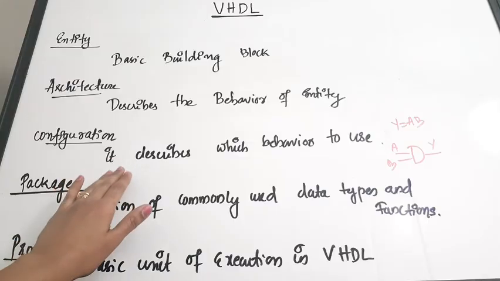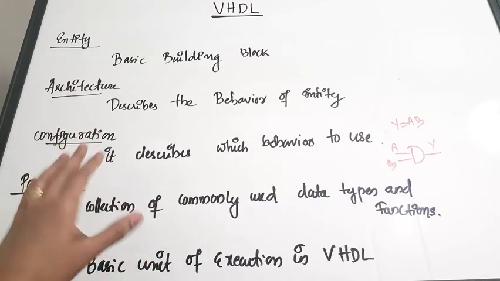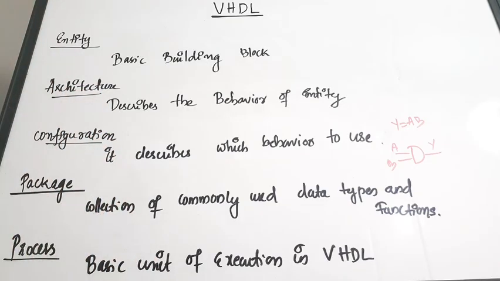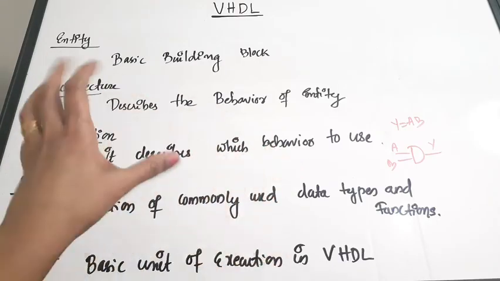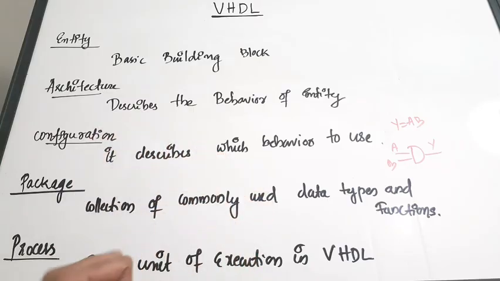So in the configuration, we are saying which behavior to use for that particular entity. It can be thought of as a parts list for a design. Parts list means it describes that for this particular part, this architecture or this behavior is used. Likewise, it describes for which part, which behavior to choose. So that is configuration.